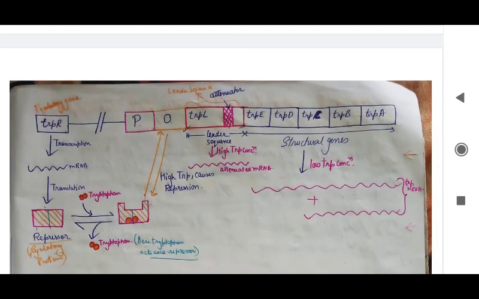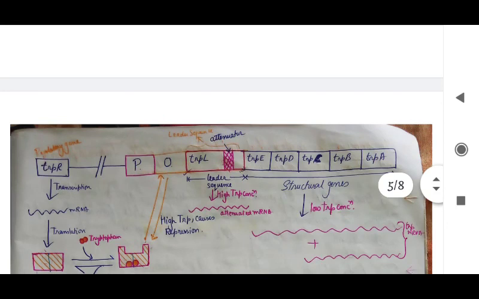Here we can see TRPR, which will produce a regulatory protein, the repressor, and tryptophan acts as a co-repressor. When the level of tryptophan is high, tryptophan will bind to the repressor and change its shape so that it can fit into the operator, given the symbol O. Now, between the operator and the gene TRPE, there is a region called TRPL.